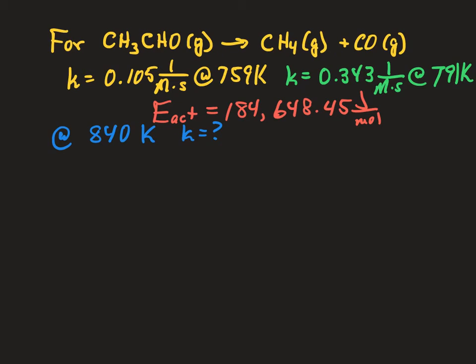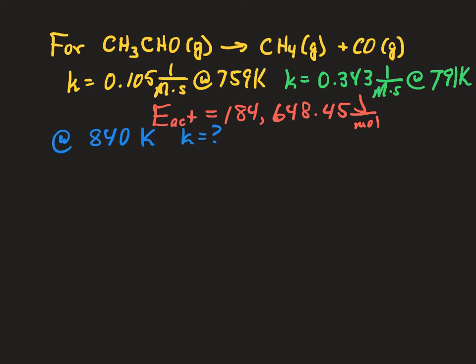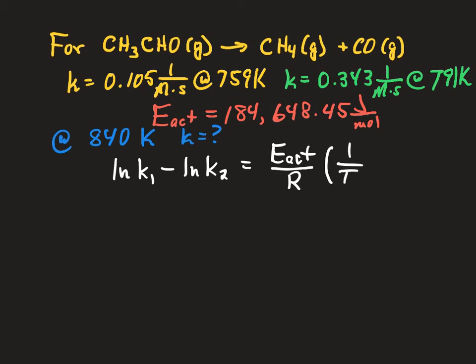And so we can use this form. If we just adjust our left side, we can make that the natural log of K1 minus the natural log of K2 is equal to the activation energy over R, times 1 over T2 minus 1 over T1.